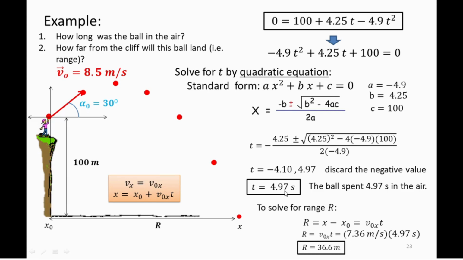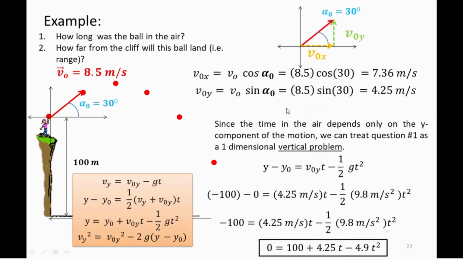So we have here from the calculations a while ago also, as you can see here, the x component of the initial velocity. So we have here v not x is equal to 7.36 meters per second.